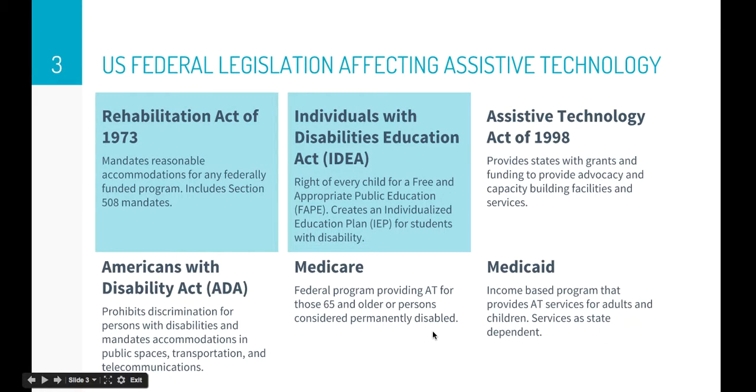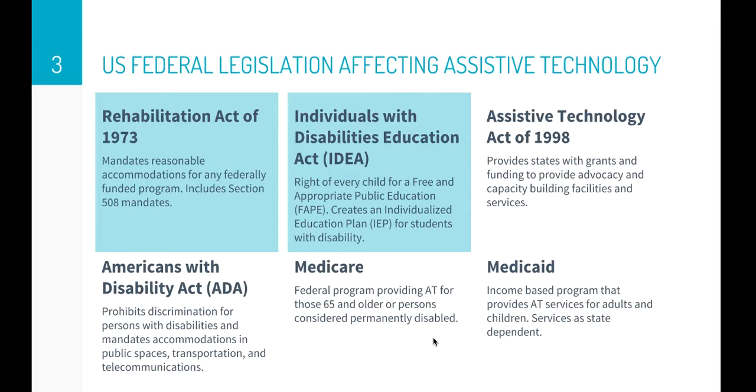There are multiple federal legislations that provide funding for assistive technology, but the two key ones for the education system are the Rehabilitation Act of 1973, and that covers students with a Section 508 mandate.